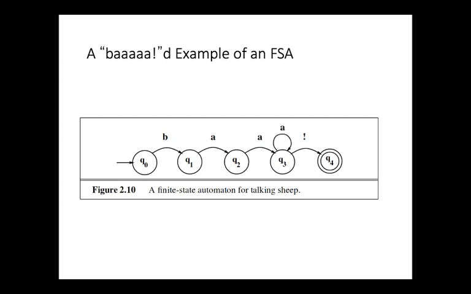What about BA exclamation point? No, because you start at Q0, you have B to Q1, you have A to Q2, but there's no transition with an exclamation point from Q2 to a final state. In fact, there's no transition labeled with an exclamation point. So it rejects that.